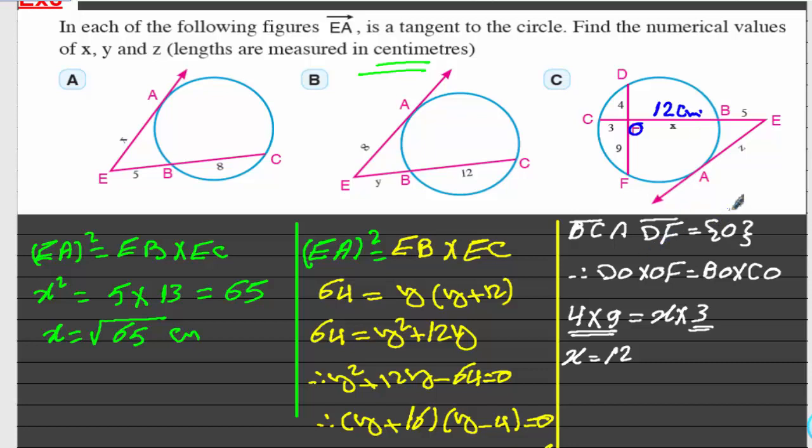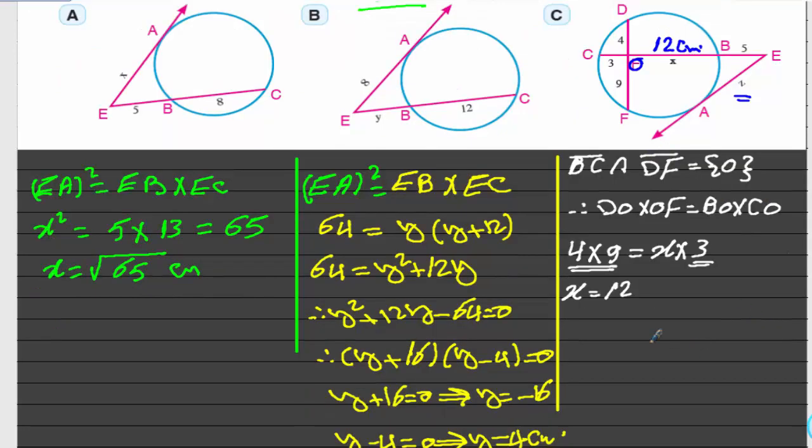Now the requirement here is to find z. Also we have EA is a tangent. So EA power 2 equals EB multiply EC. EA power 2 is Z power 2, equals EB, it is 5, multiply EC. What is the length of EC? We can substitute x equals 12 directly.